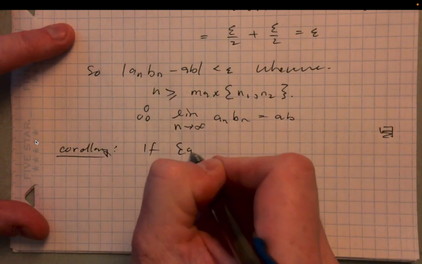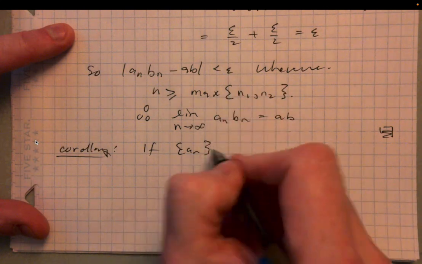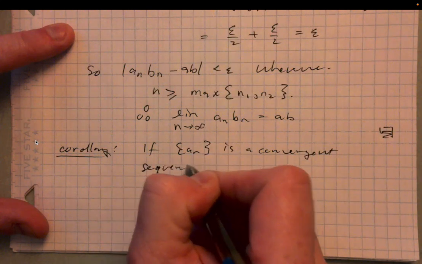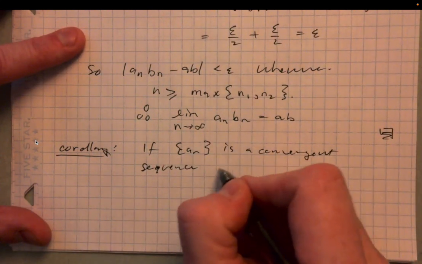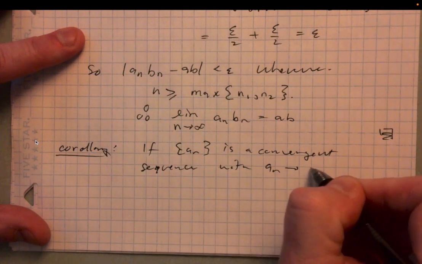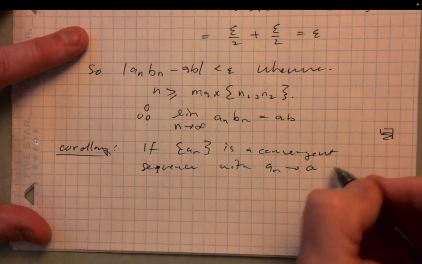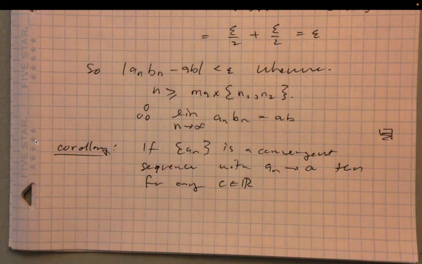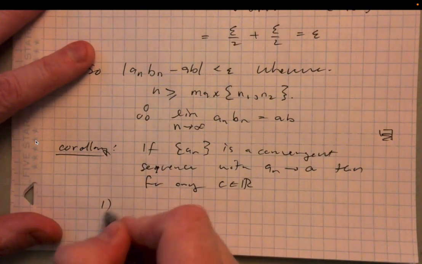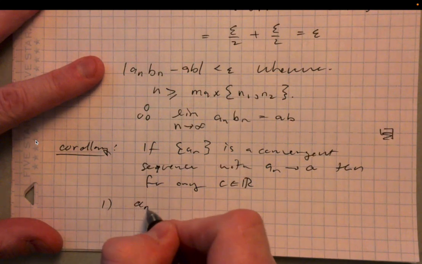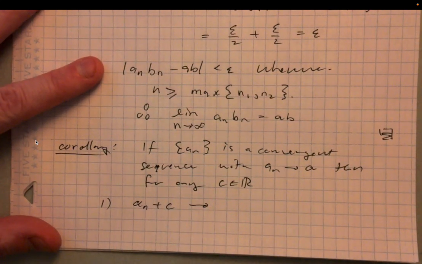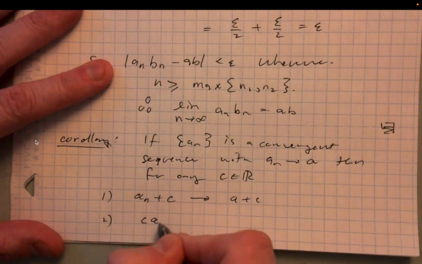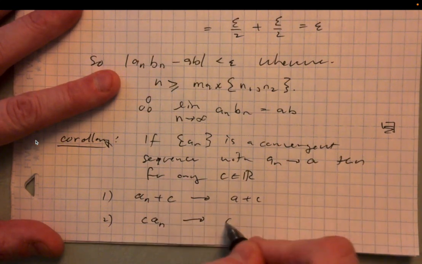So if a sub n is a convergent sequence, with the limit being a, then for any real valued constant c, we have that, first of all, the limit of a sub n plus c as n goes to infinity is a plus c. And second of all, c times a sub n converges to c times a.